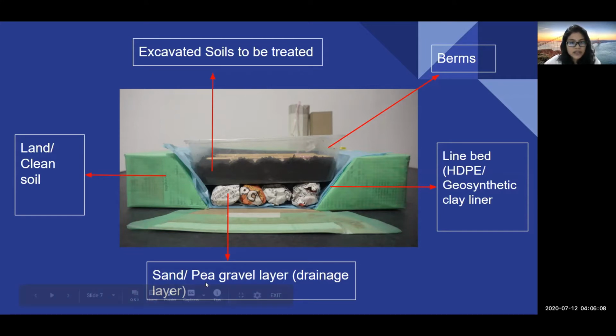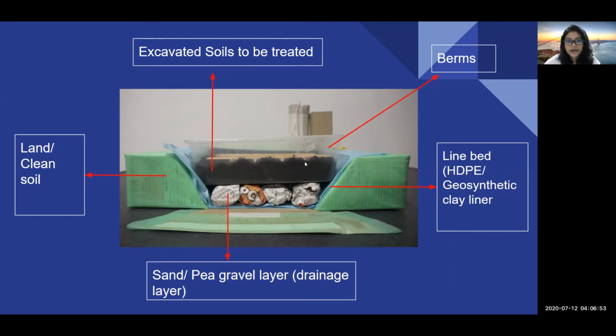Moving on to this layer, this is the sand and pea gravel layer, which we know as the drainage layer. The drained leachate is carried through the drainage layer and followed by the drainage to a tank through a leachate collection hose right here.